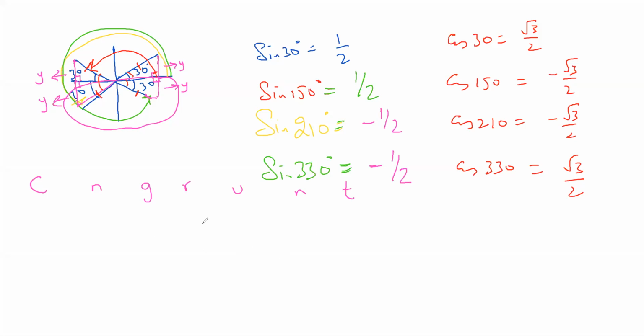Suppose you have angle X between 0 and 360. And someone says, look, your sine X is equal to 0.5, or half. So what is this X?